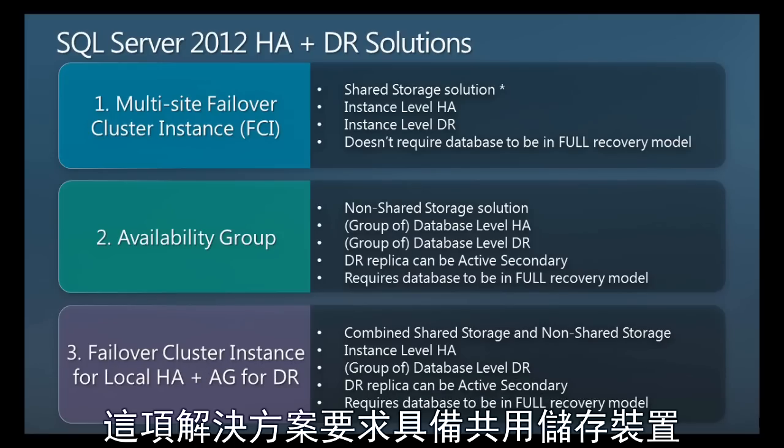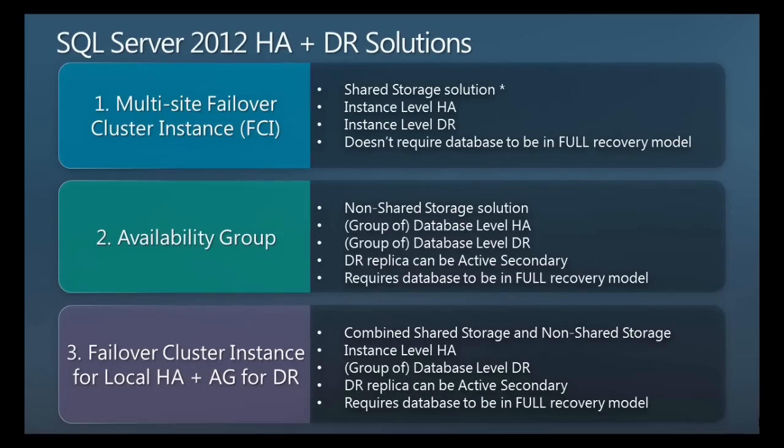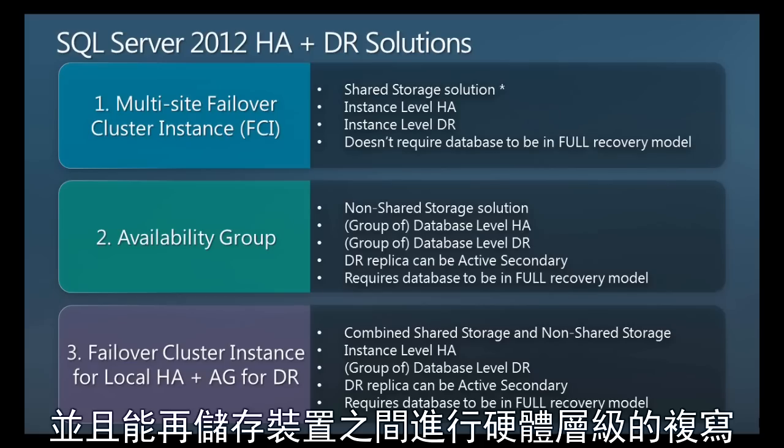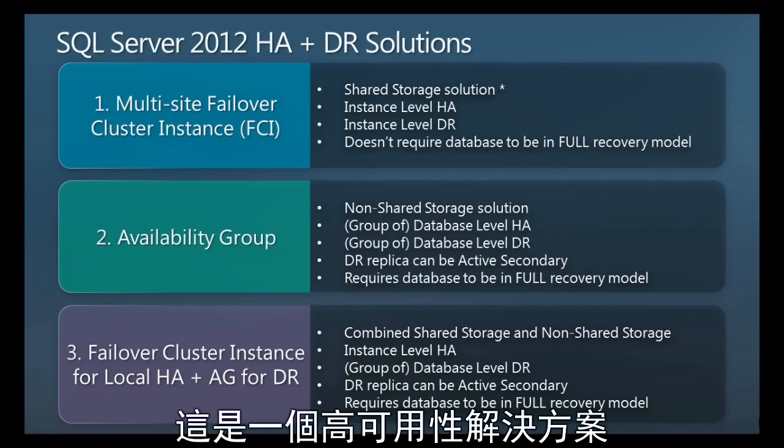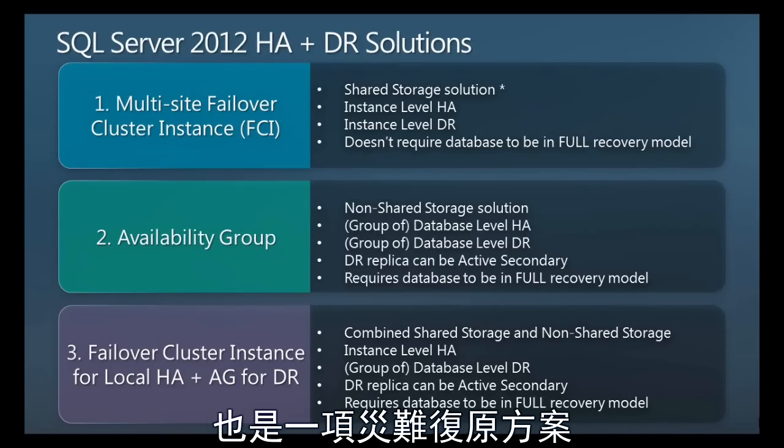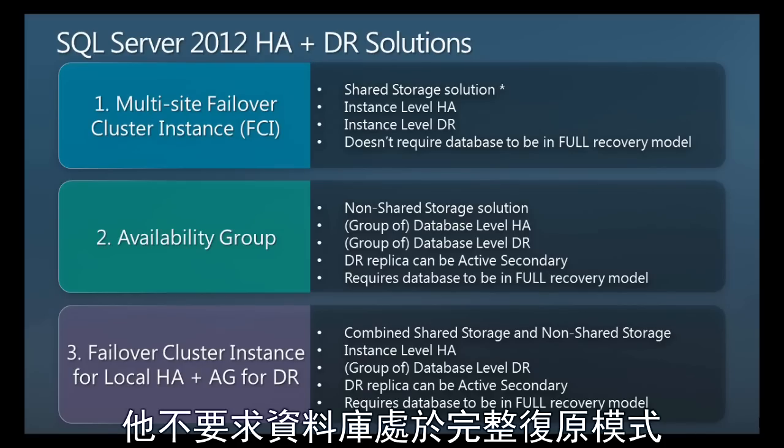This solution requires shared storage and also hardware level replication between your storage. This is an instance level high availability and instance level disaster recovery solution. It doesn't require the database to be in full recovery model.